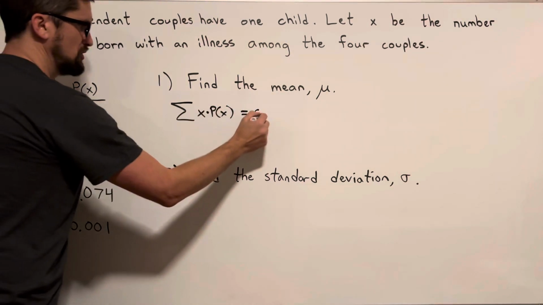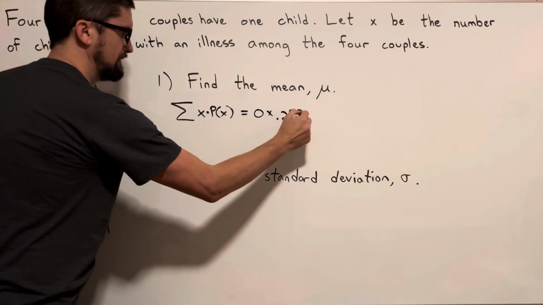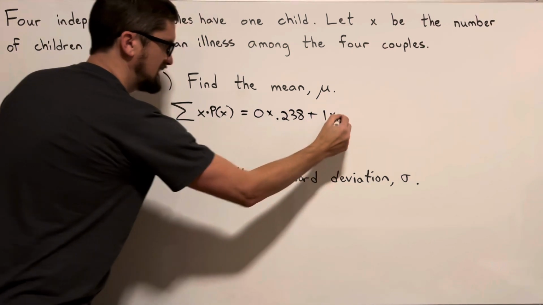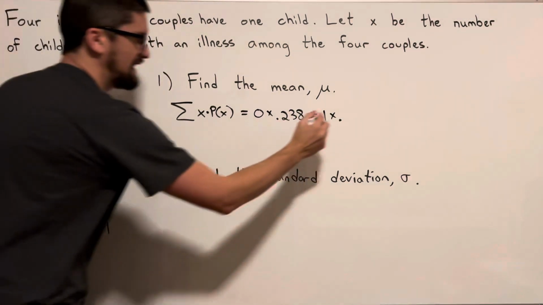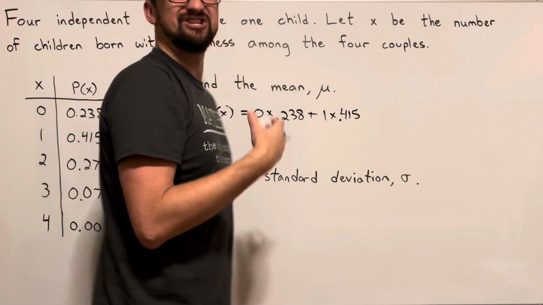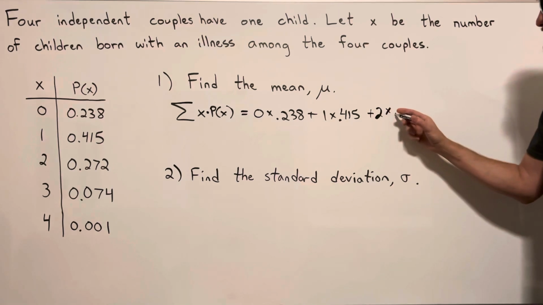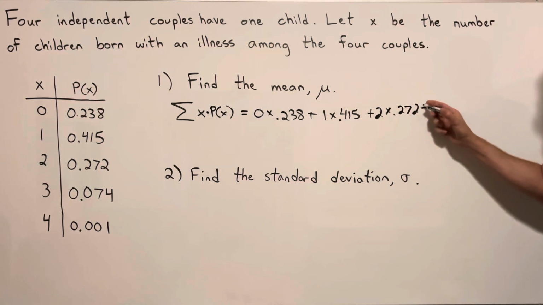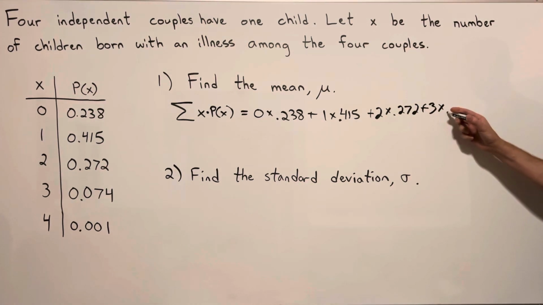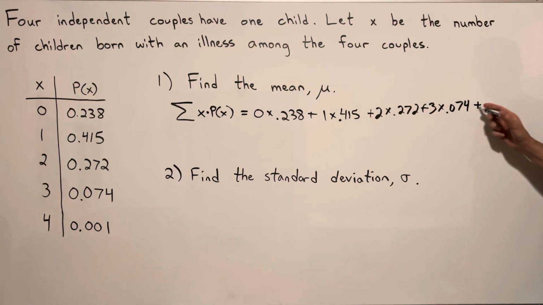So this is going to be 0 times 0.238 plus 1 times 0.415. And then you just add up all those combinations. So this will be 2 times 0.272 plus 3 times 0.074 plus 4 times 0.001.